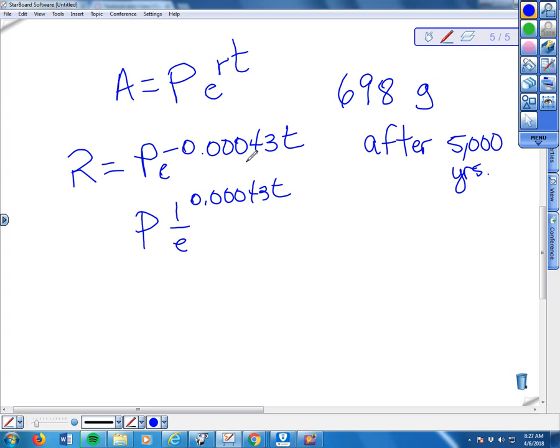What's this rate equal to, percent-wise? 0.043. Remember, you always have to move the decimal place over to put it in the problem, but this represents 0.043%. So this particular piece of radium, 5,000 years ago, was decaying at a rate of 0.043%, and today we have 698 grams, and we want to figure out what we started with.